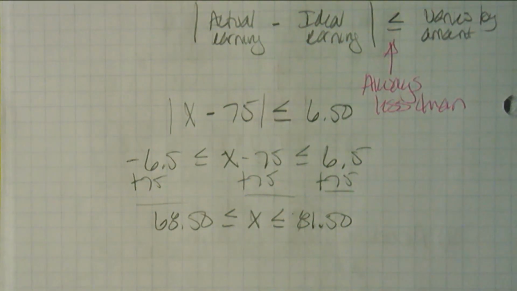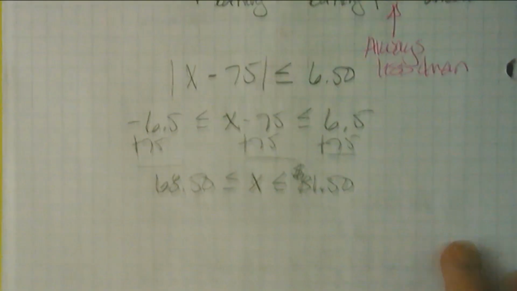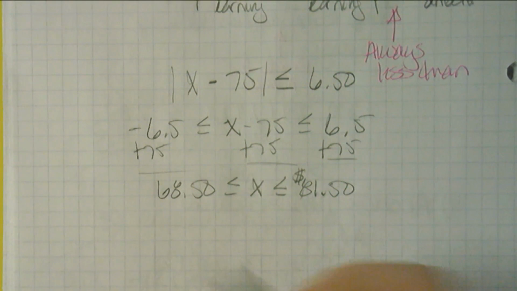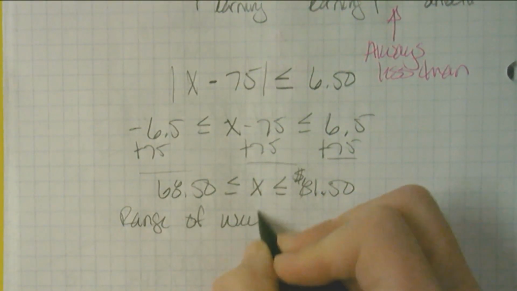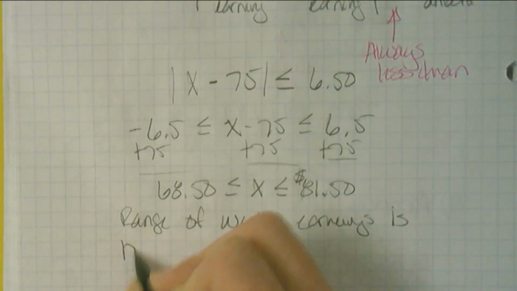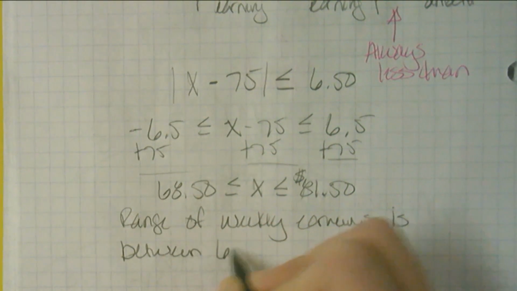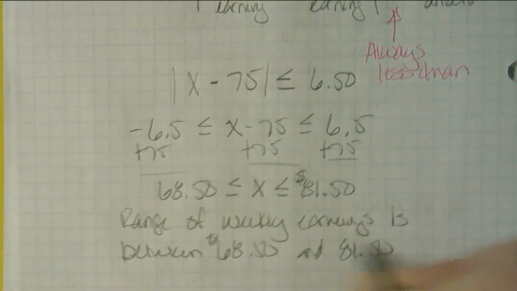And I would write that as a sentence. This is money. That's pretty typical. Yes? Well, for here, what I would say is, I might write something like the range of weekly earnings is between $68.50 and $81.50.